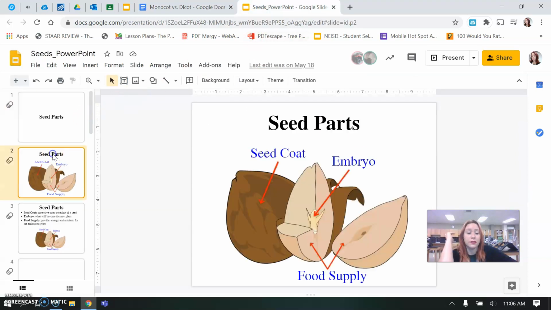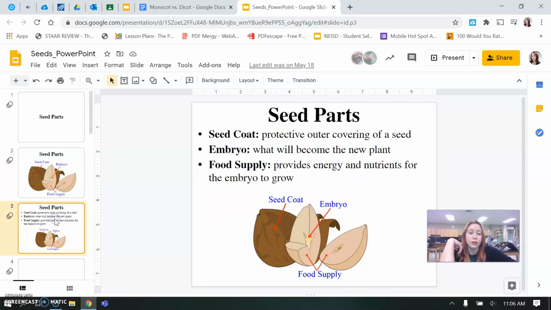So seed parts. There are three main seed parts: the seed coat, the embryo, and the food supply. So the seed coat is a protective outer covering of the seed. The embryo is like the baby plant, and then the food supply is the larger portion. It takes up most of the seed, the food supply, and this provides energy and nutrients for the embryo to grow.